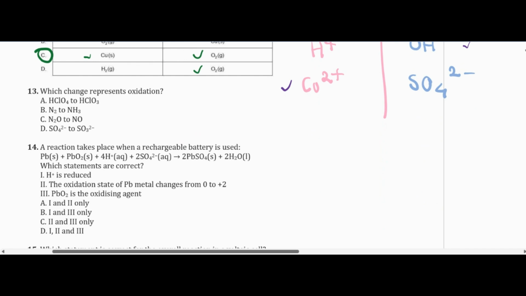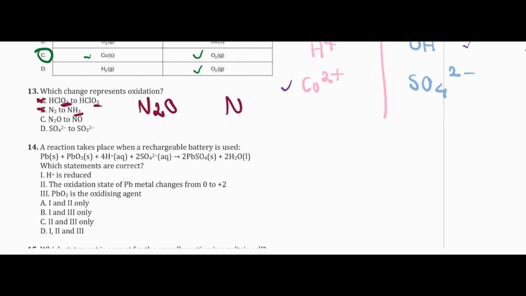Moving on to number 13, which change represents oxidation. Okay, well in A we can see that there's a decrease in oxygen. We're going from 4 here to 3, so it won't be A. In B we're increasing the number of hydrogens, so again it won't be B. In C we would have to look at the oxidation states.